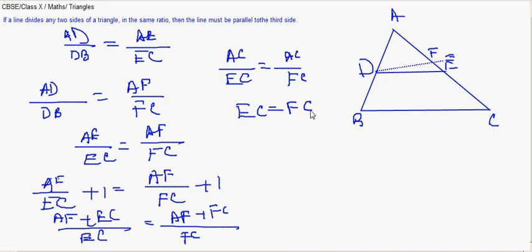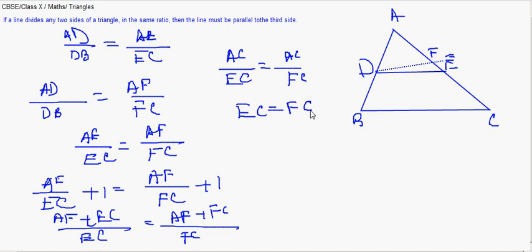But this is possible only when F and E are coinciding, but they are not. So DF, which we have taken to be parallel to BC, is not parallel to BC. That is a false assumption on our part.